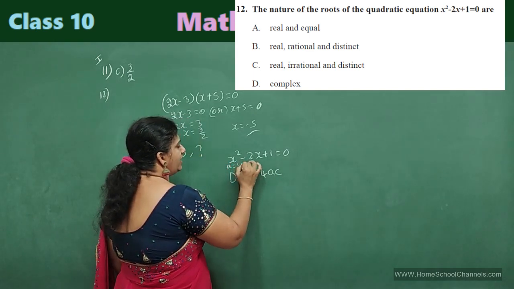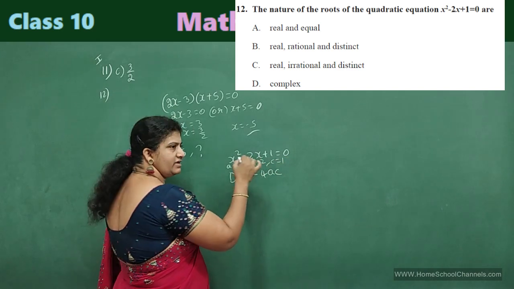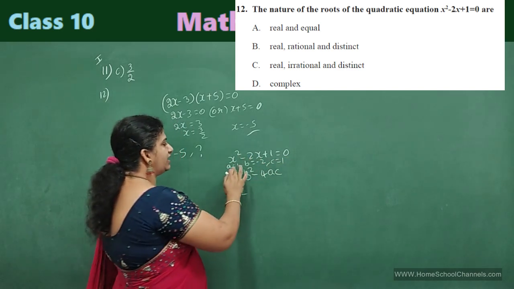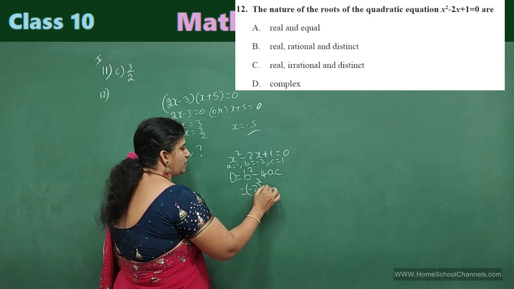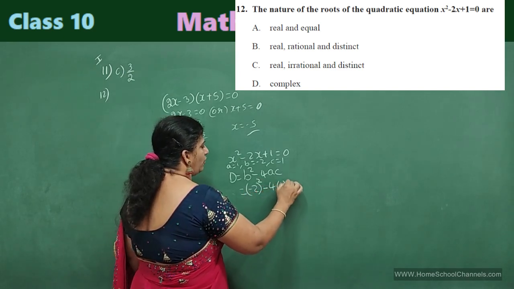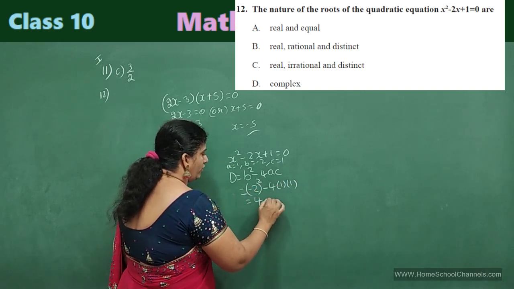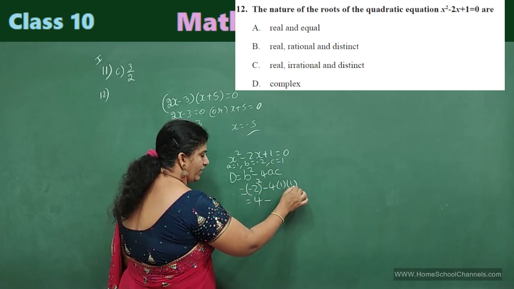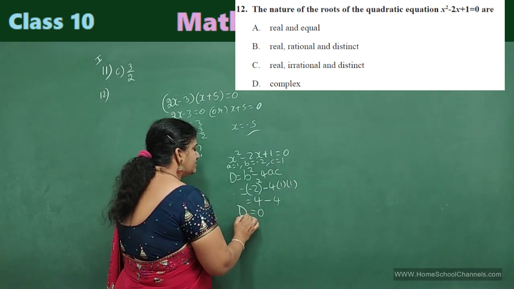A value is 1, B value is minus 2, C value is 1. Compare with the standard form of the equation and we get A, B, C values. Substitute in this: minus 2 whole square minus 4 into 1 into 1. Minus 2 whole square will be 4, and 4 into 1 into 1 gives 4. 4 minus 4 will be 0.